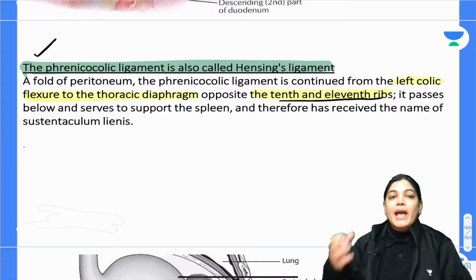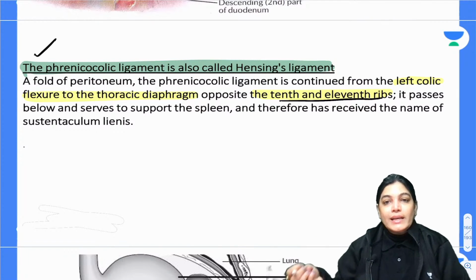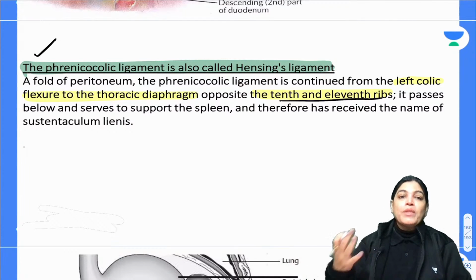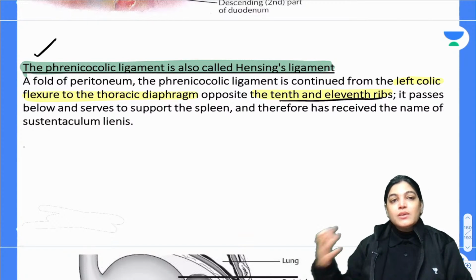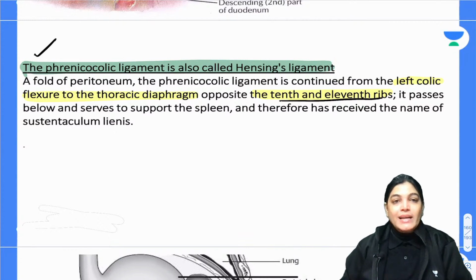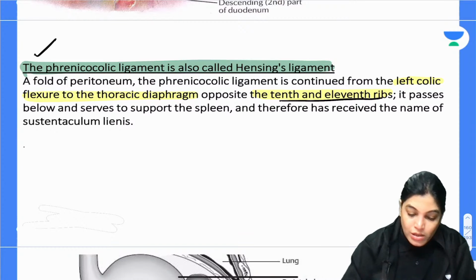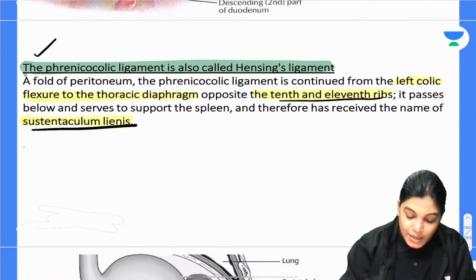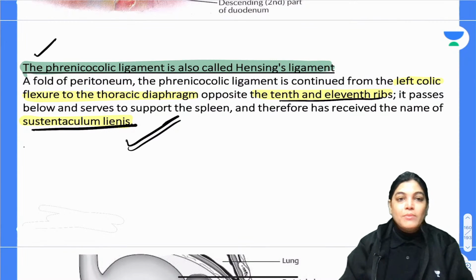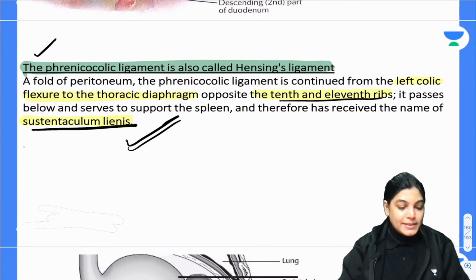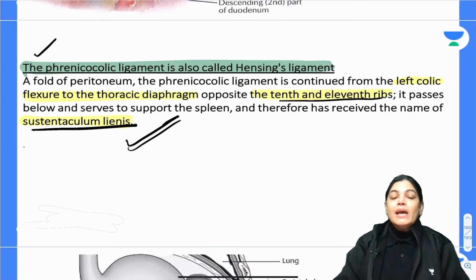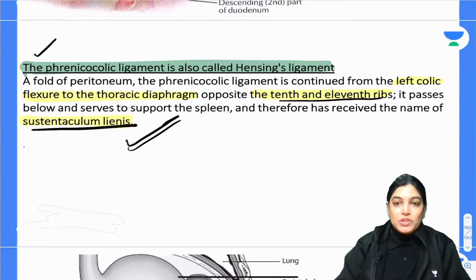The Phrenicocolic ligament passes below the spleen and serves as a support for the spleen so that it does not sag down. This is why its other name is sustentaculum lienis. But this is not forming a landmark for the location of the DJ junction.